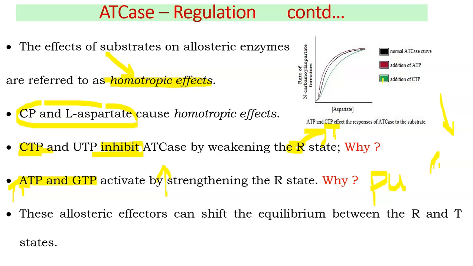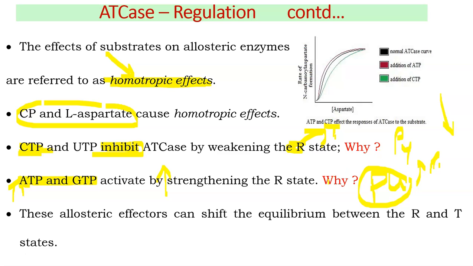What is this pathway? This pathway is the synthesis of pyrimidines. When more purines are there, remember the DNA structure. DNA contains equal quantities of purines and pyrimidines. When more purines are there, there is a need for the synthesis of pyrimidines. That is why, for the second reason, if ATP or GTP are present, they indicate a large amount of purines, thereby pyrimidines have to be synthesized.